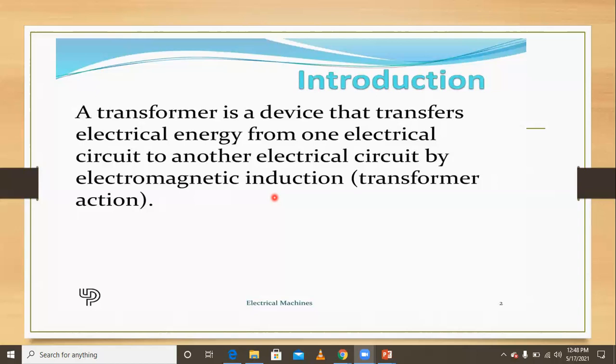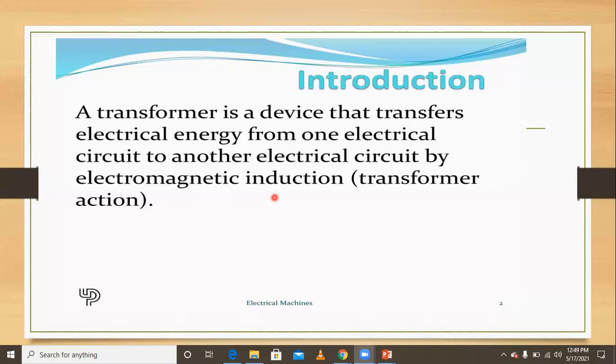I think you know what transmission lines are: big transmission towers carrying power transmission with a number of conductors. The operating range of the transmission lines is very high: 132 kV, 220 kV, 765 kV. Why?